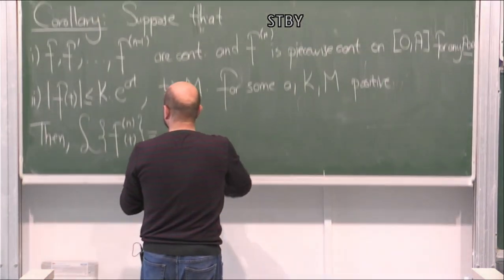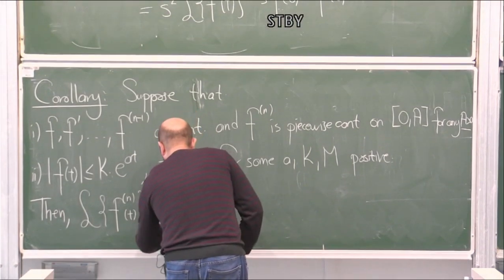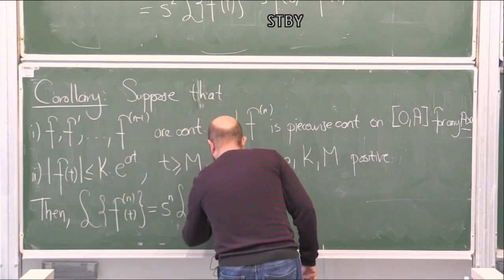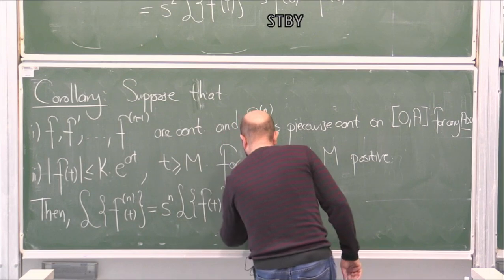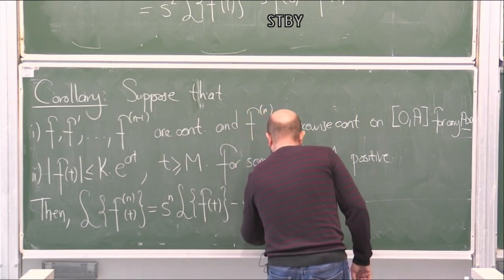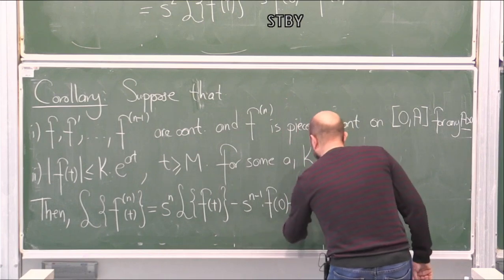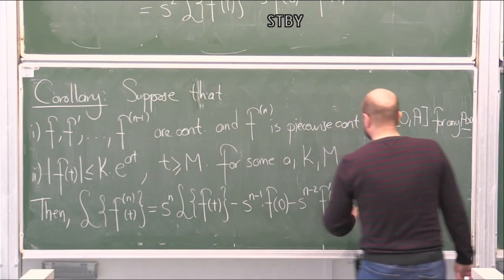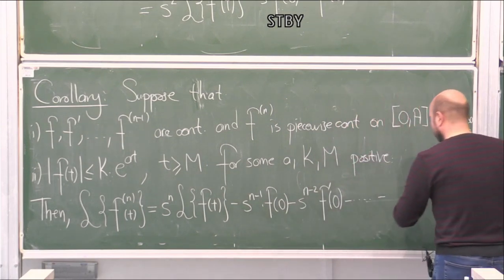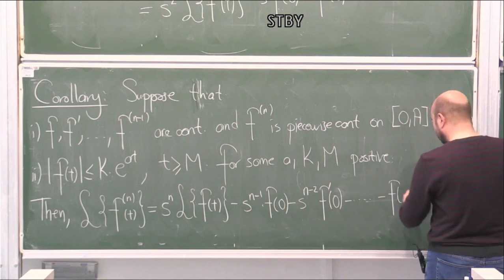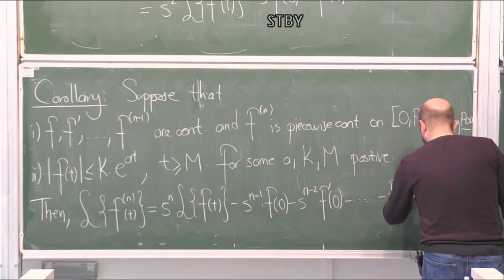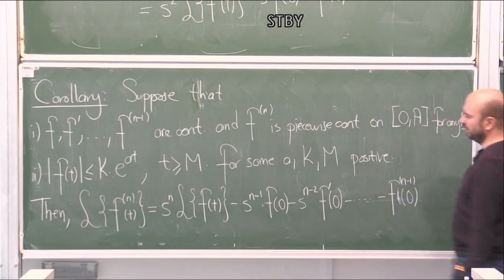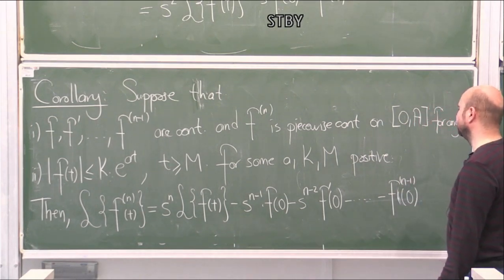So if you do this, then we will have s to the n Laplace transform of f minus s to the n minus 1 times f of 0 minus s to the n minus 2 times f prime 0, and so on, eventually finishing with the (n minus 1)th derivative at 0. So this is what we have.